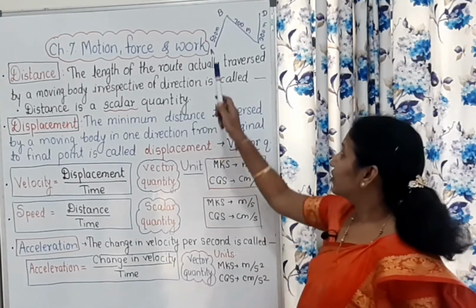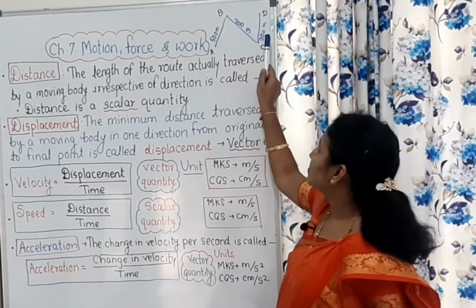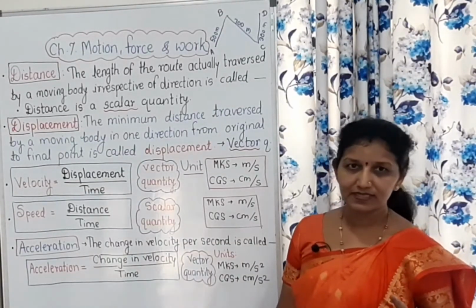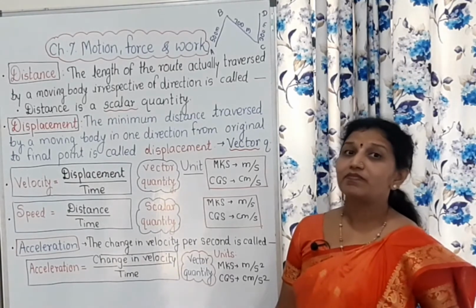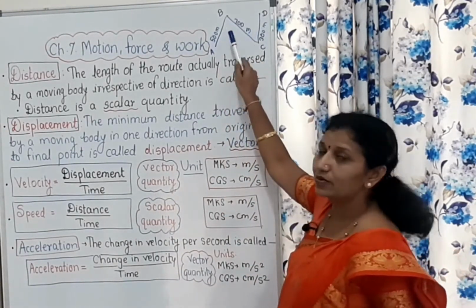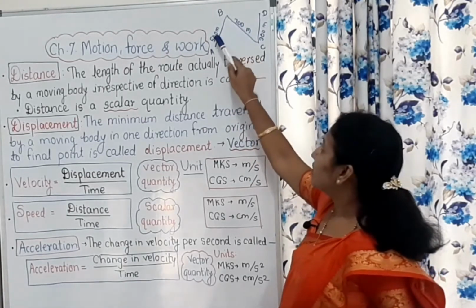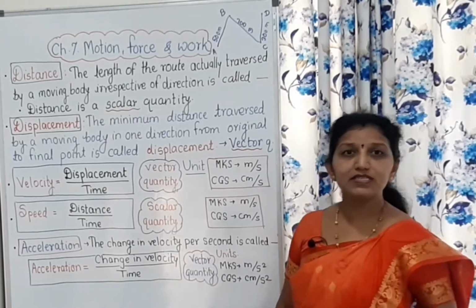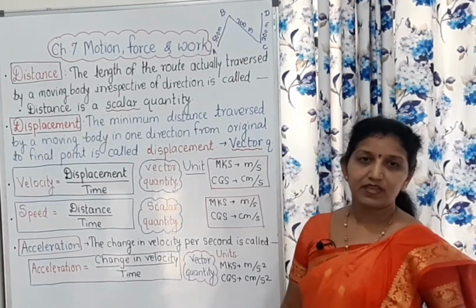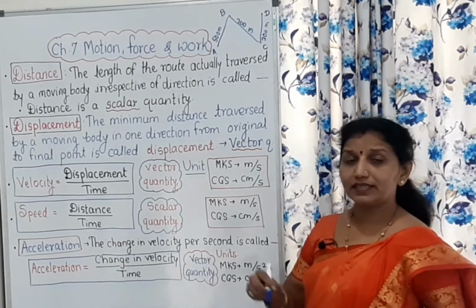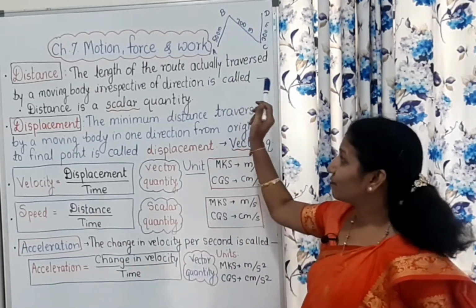Whatever the time, for example 5 plus 7 minutes plus 3 minutes, 15 minutes. But what is the distance covered by Krishna while going to school? Here 500 plus 700 plus 300, that means 1500 meters.